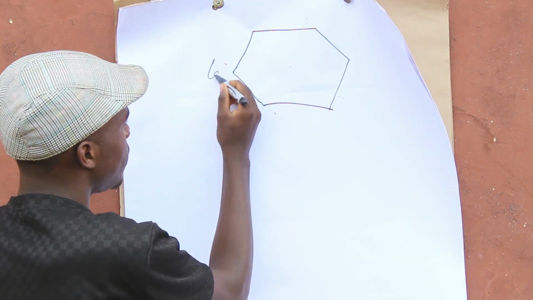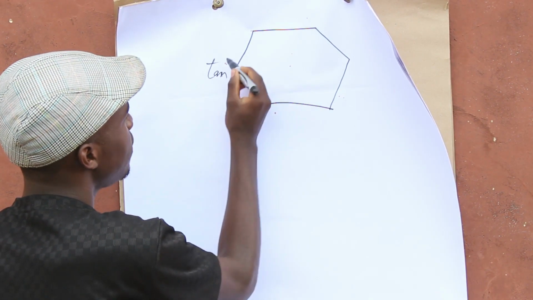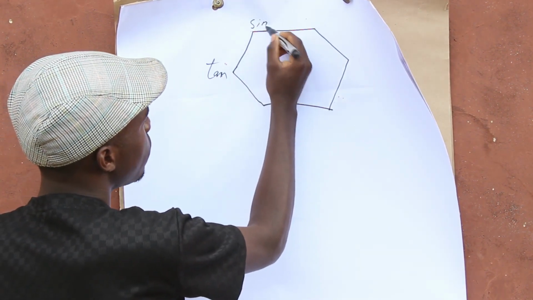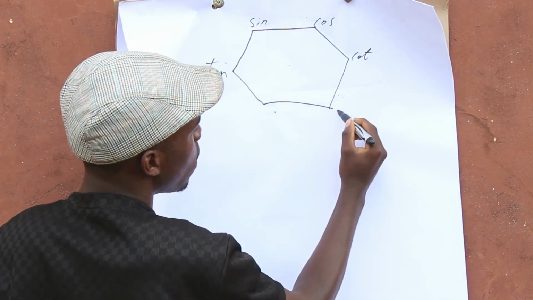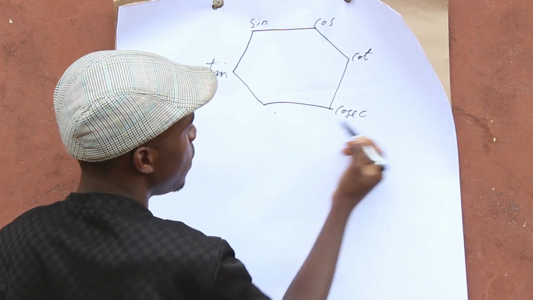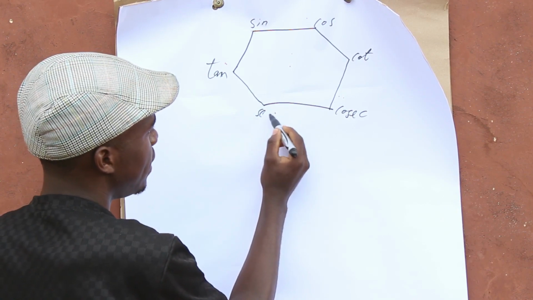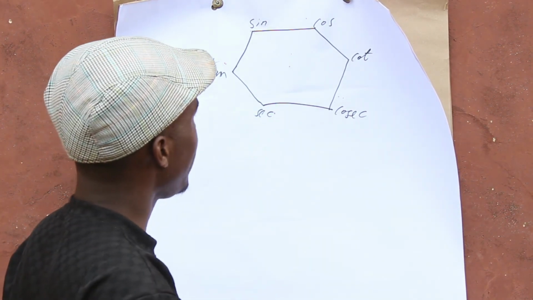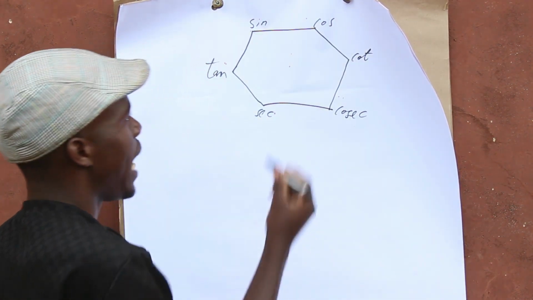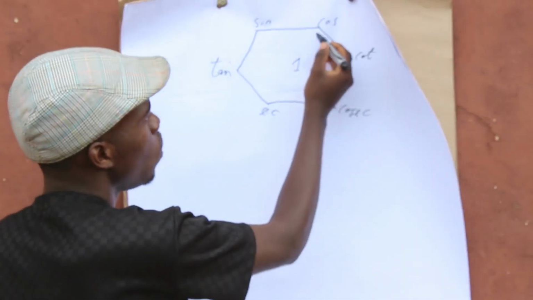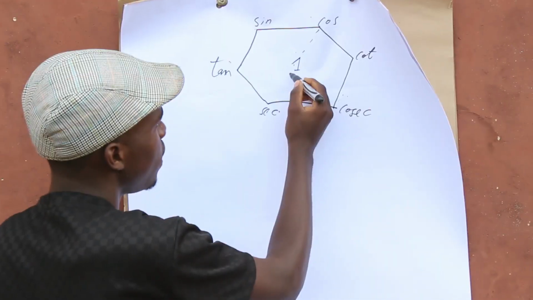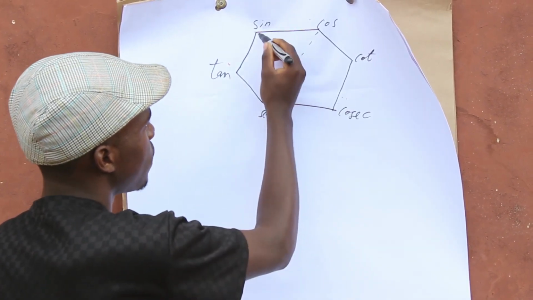Here you write tan, then sine, cos, cot, cosec, then here secant. After that, you write a 1 in the middle like this, and then you connect the opposite vertices like this.